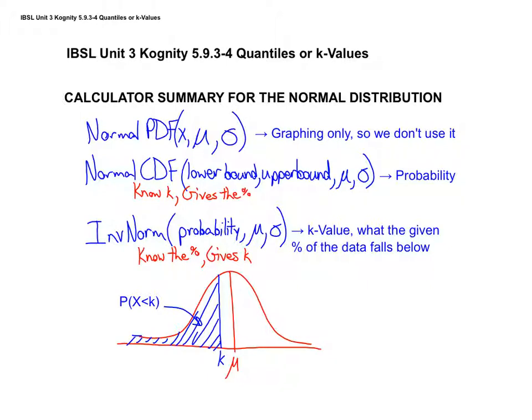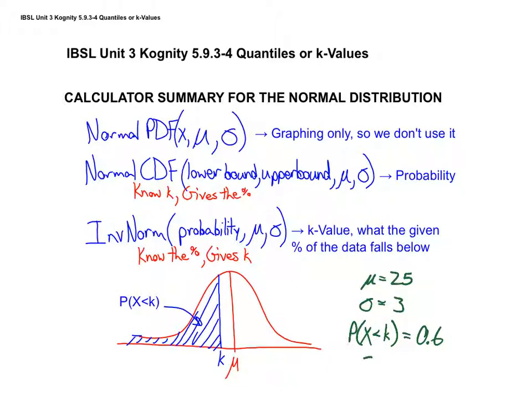Okay? So for example, say the mean is 25, and the standard deviation is 3. Let's say that I wanted the probability that x is less than some value k to equal 0.6.